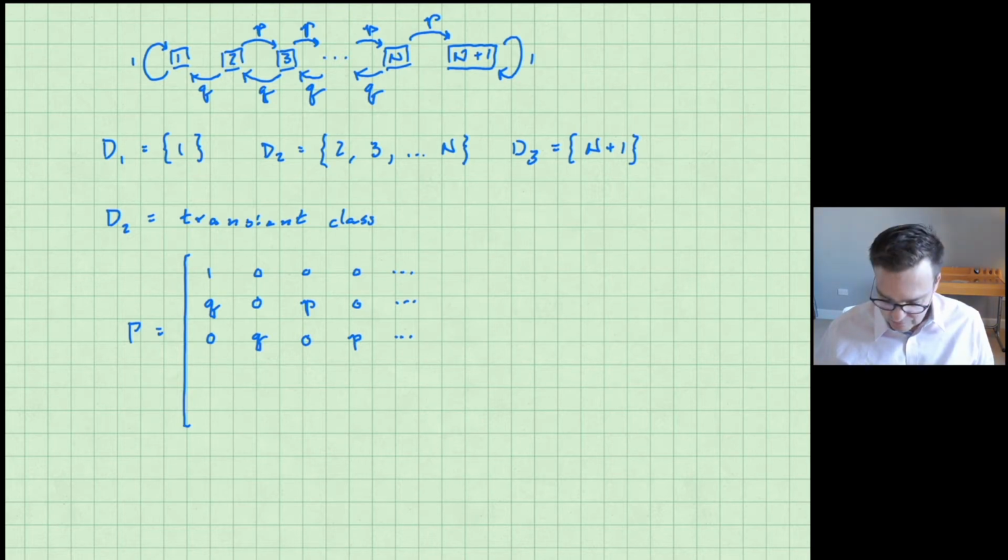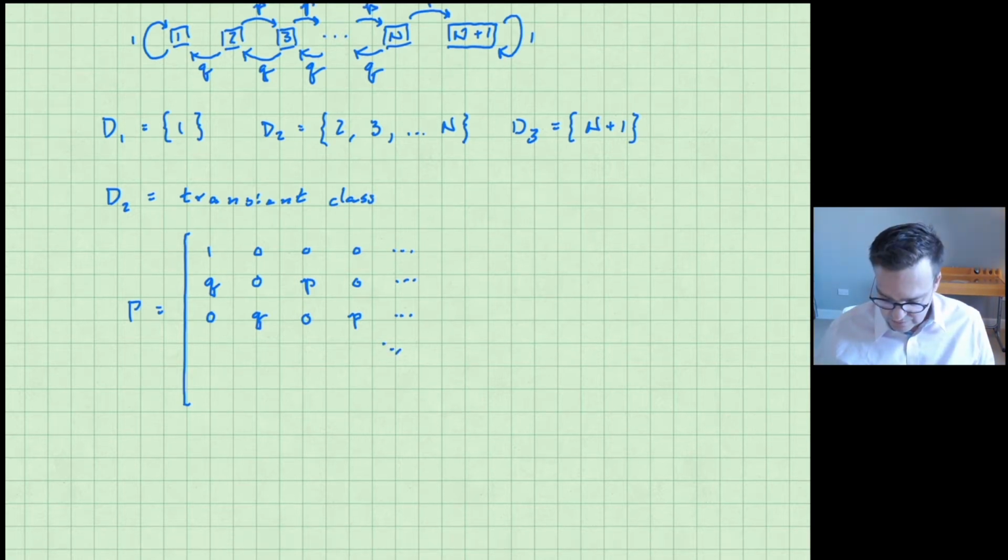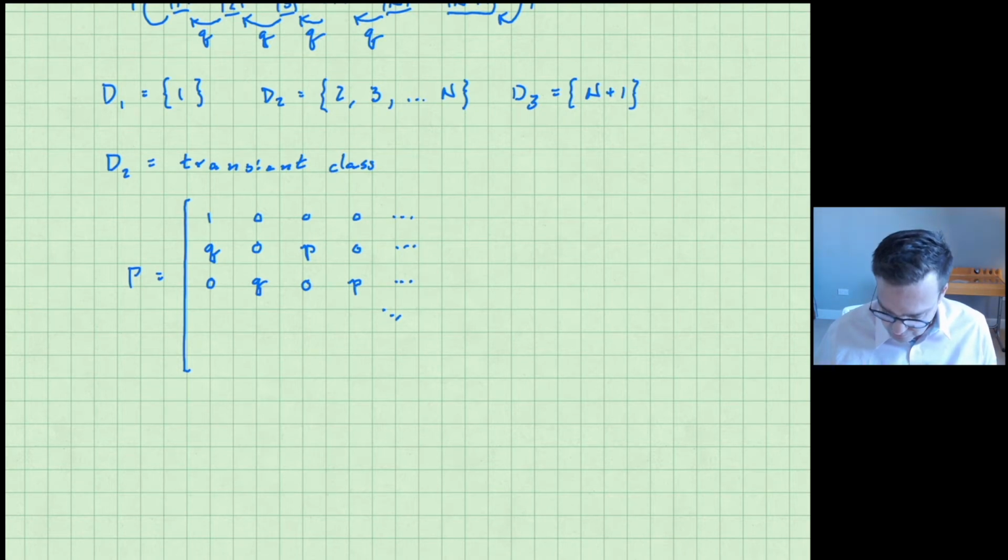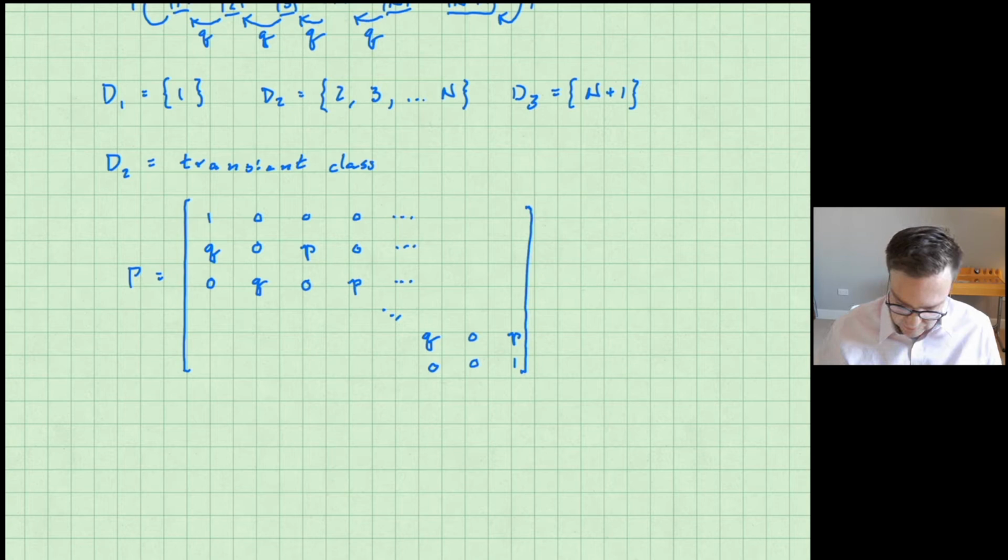And this carries on until you get to the last 2 rows, which finish like this: Q, 0, P, and then 0, 0, 1. And so that's what this matrix looks like.